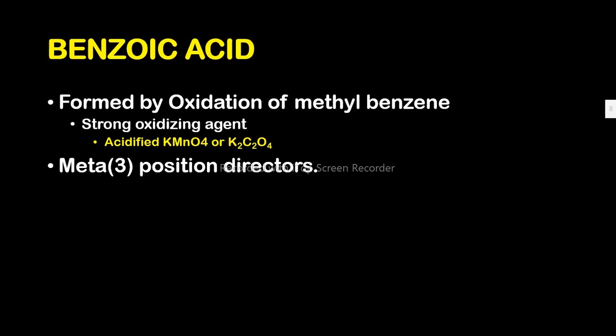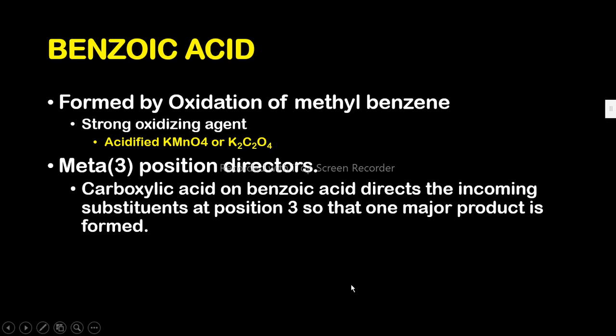So it strongly deactivates the ring, and therefore the incoming electrophile can only attach on carbon number 3, which has a relatively higher electron density. And in the other lesson, I showed you how carbon 3 on the meta position has a high electron density for these groups that deactivate the ring.